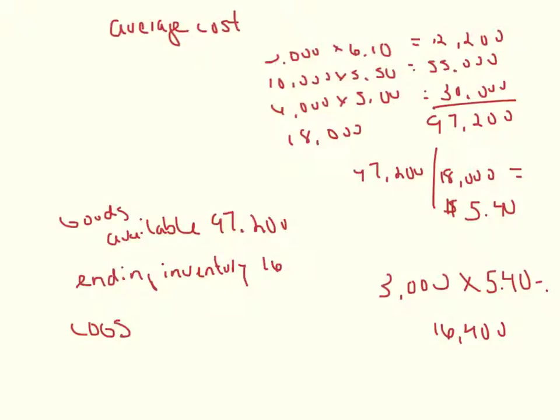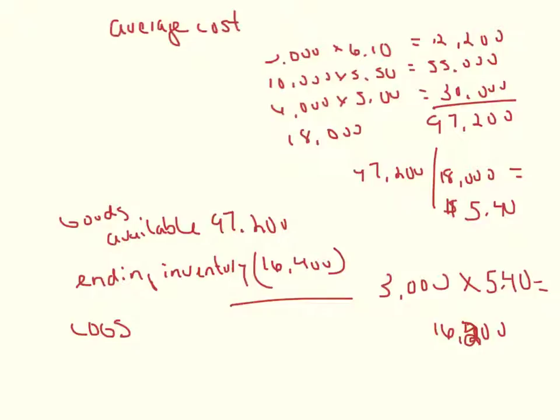So we're going to put in the 16,400, take that out of what's available to back into what our cost of goods sold would be. So it should be, sorry, I made a mistake here. This should be 16,200.